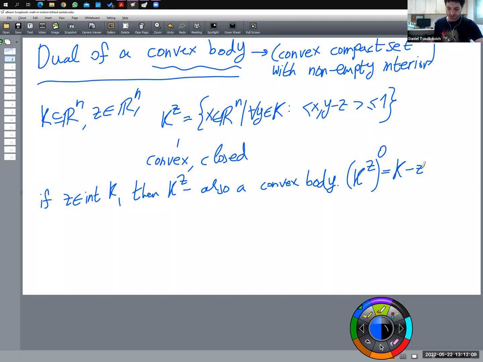Now, what does this operation look like? The case that we will mostly need is the case where K is a two-dimensional polygon, or in fact even a triangle.